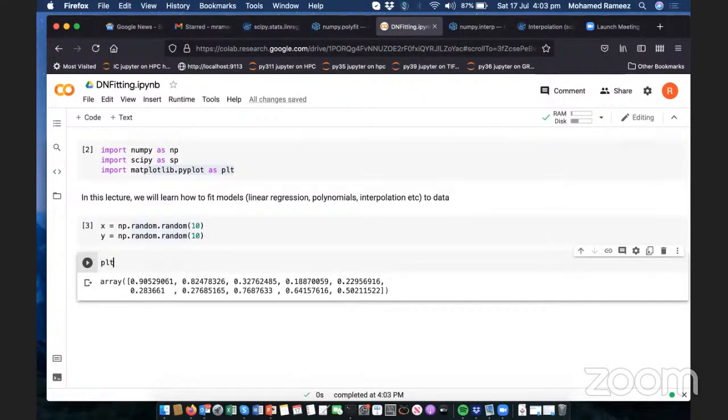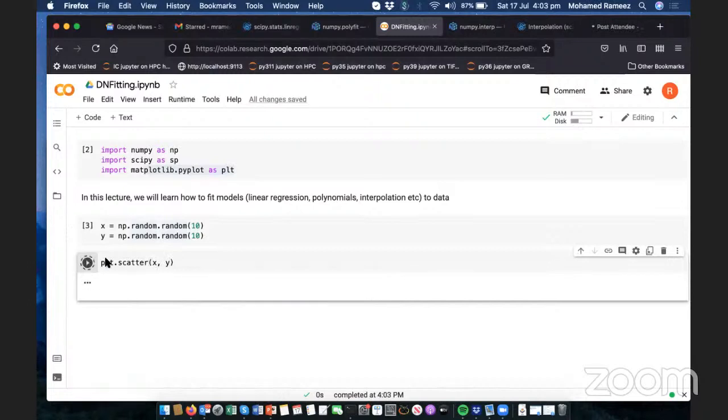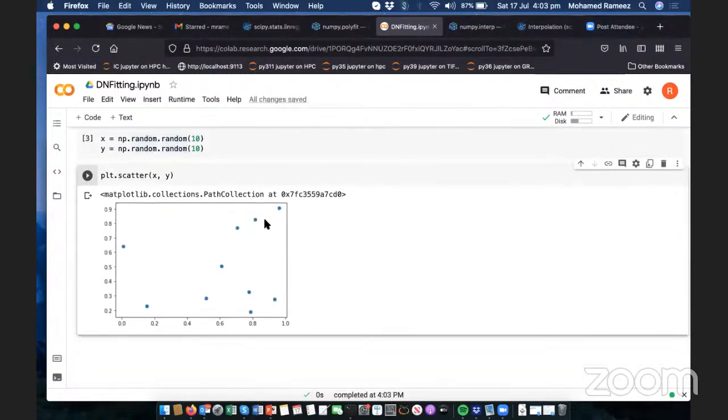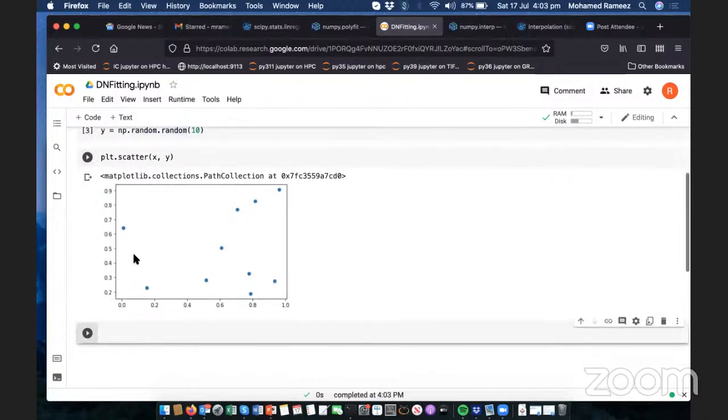Now I will visualize this by doing plt.scatter(x, y). Right, these points are all over the place, and should you fit a line to it? Perhaps not, but let us see what you will get if we do and how to do it.